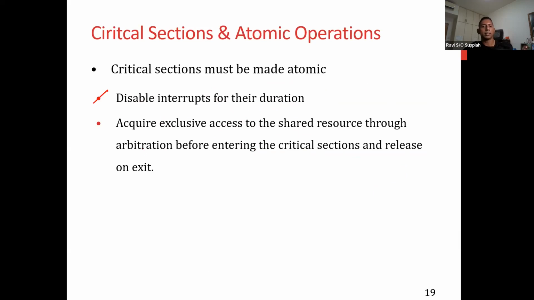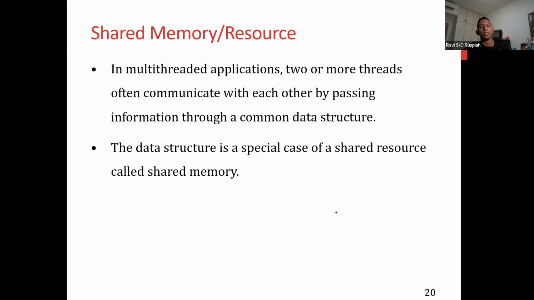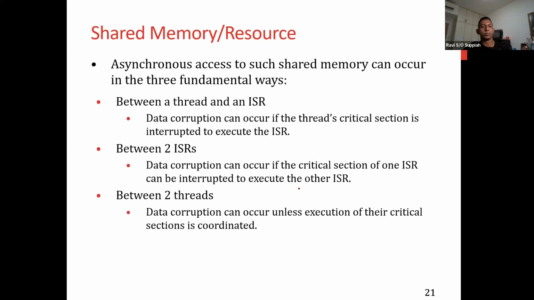What we are more interested in is, within the task or OS level, how we can ensure exclusive access to any particular shared resource, like a common data structure. In terms of protection, one case is thread and ISR, another is ISR to ISR.